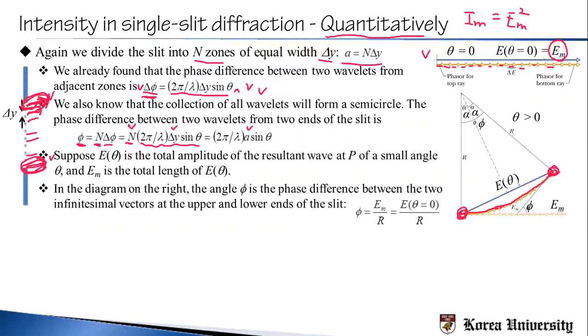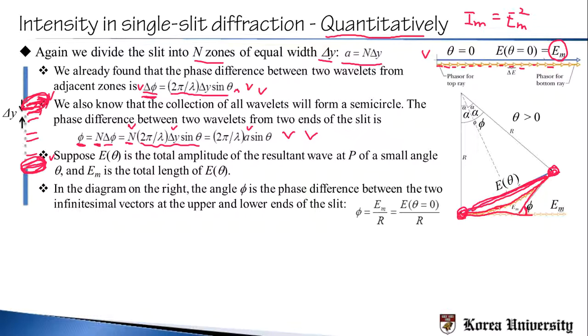And we learned that their phase difference is given like this. So therefore, if you draw a line like this, the angle will become phi, which is given here.